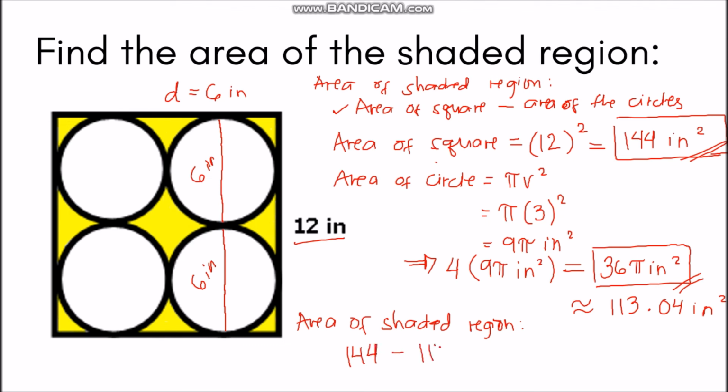Subtract 113.04 from it, which is the area of the circles. Then the estimated area of the shaded region is 30.96 inches squared.